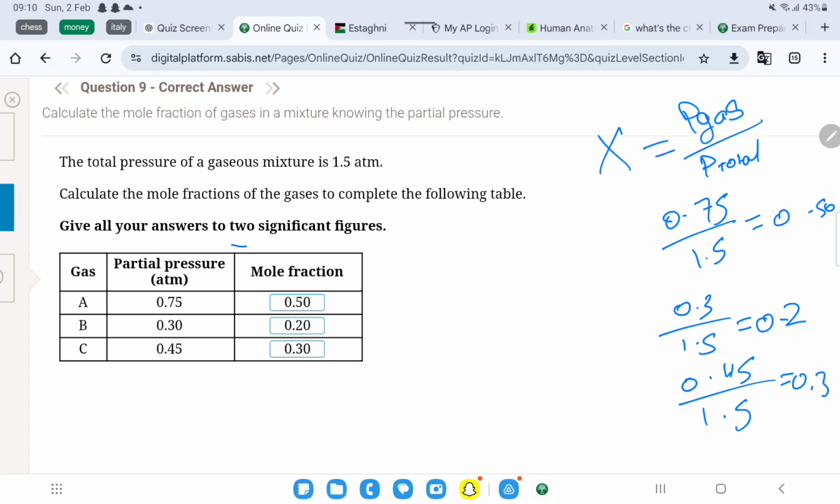Again, two significant figures, so you add a 0 here and a 0 here, so 0.50, 0.20 and 0.30. And to make sure that your mole fraction is correct, when you add all of these, they should equal 1. 0.5 plus 0.2 plus 0.3 all equals 1.